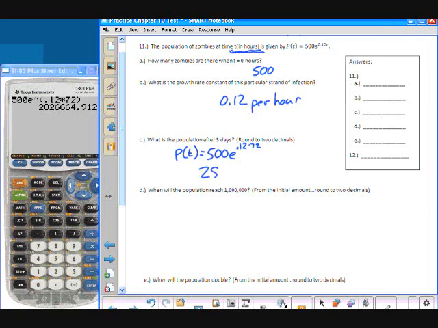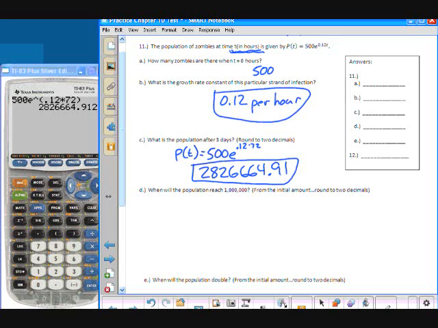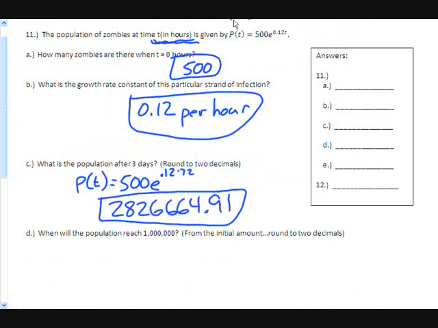So it's going to be 282,664.91. Forgot to circle my last couple answers. So again, just make sure you're careful when you plug these in. Use parentheses where appropriate. I would put parentheses around that exponent.